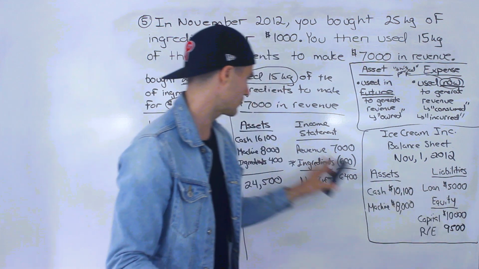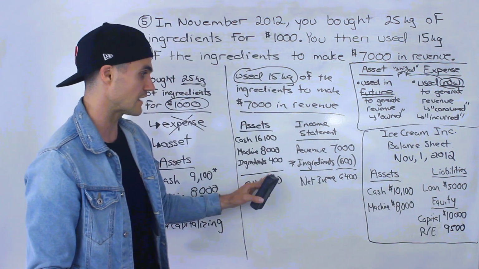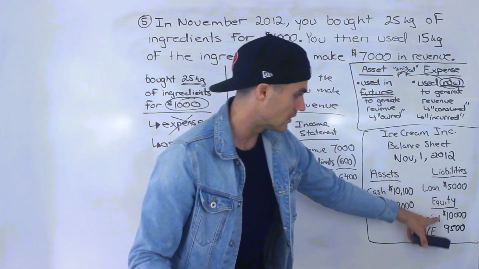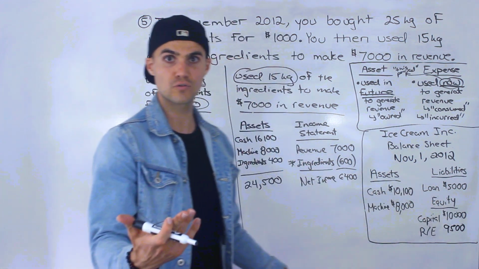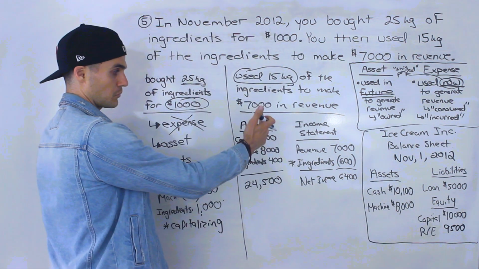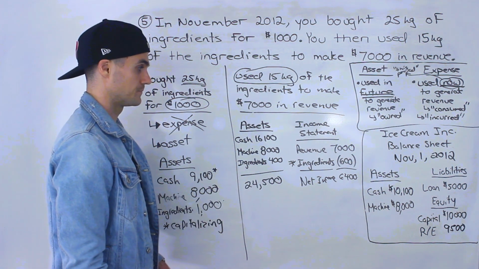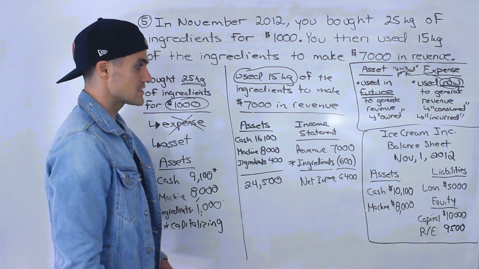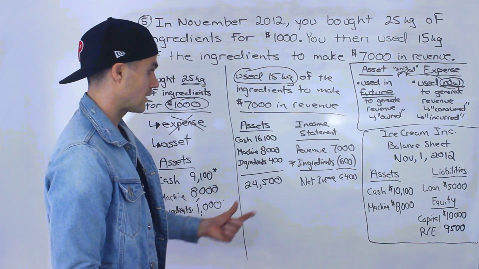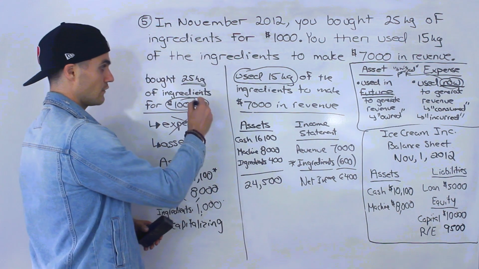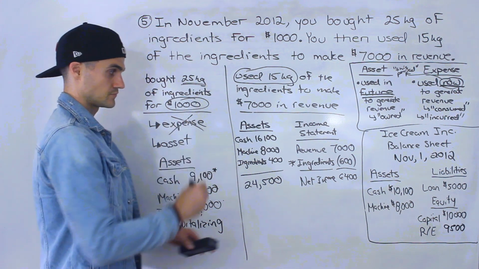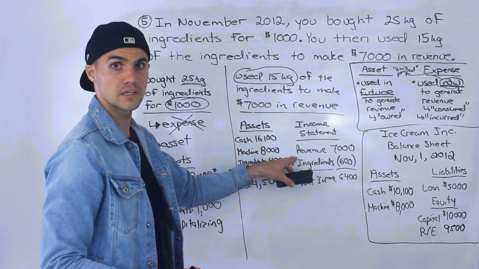I kind of wrote it here, I'm running out of room here. And then this is going to be the left side. And notice when we add all of this up, it's going to add up to 24,500. When we add up all of these assets, 24,500.